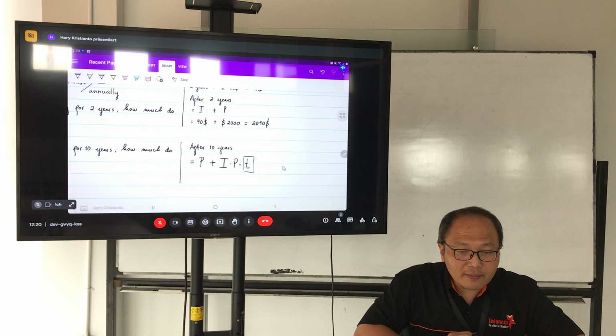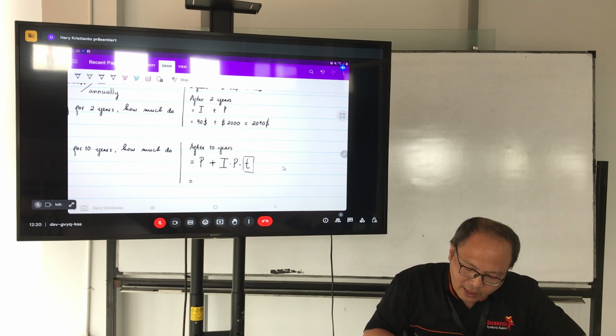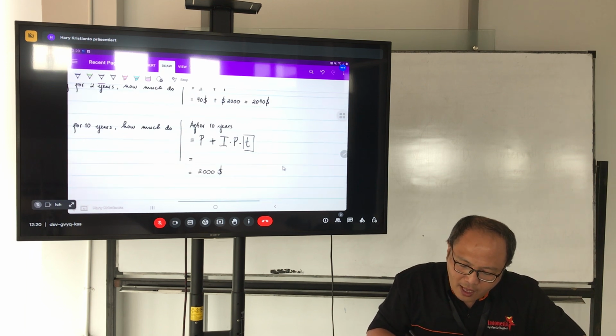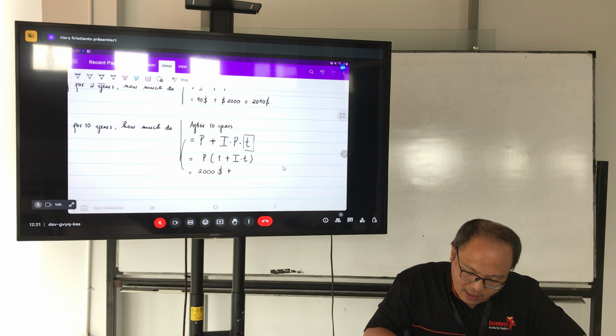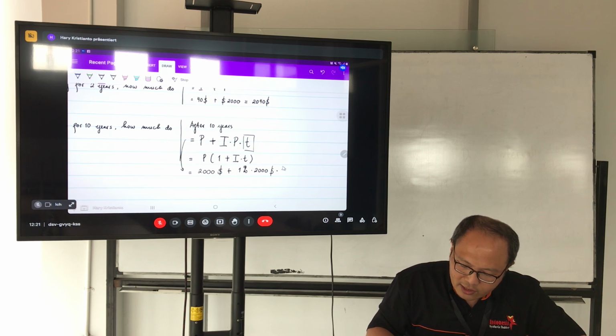The principal in this case will be $2,000, this is the principal, 1 plus I times T. So principal plus the interest rate, 1%, times the $2,000 times 10 years.